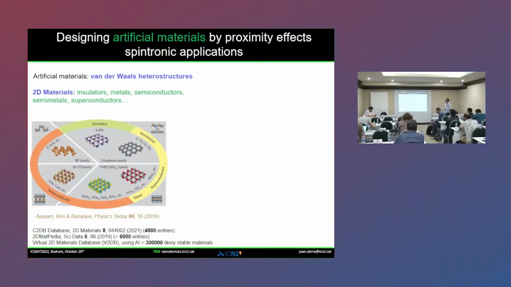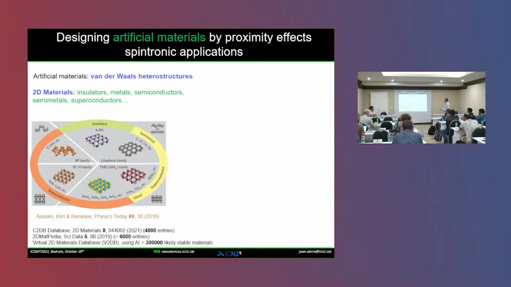Here you have an example of the most studied two-dimensional materials. It is a very rich family of material platforms. You have insulators like hexagonal boron nitride, you have semimetals, typically graphene, you have high spin orbit coupling materials like transition metal dichalcogenides, and you also have black phosphorus, where Ahmed is an expert.